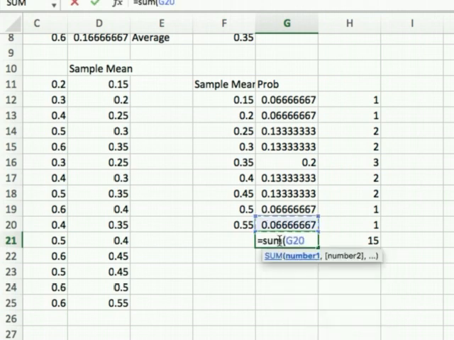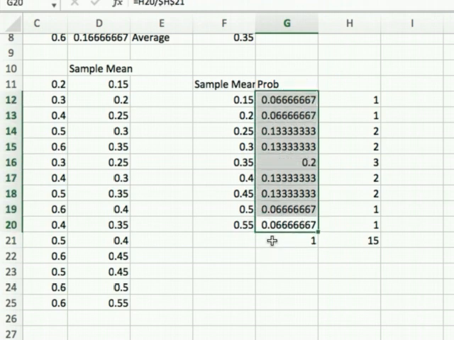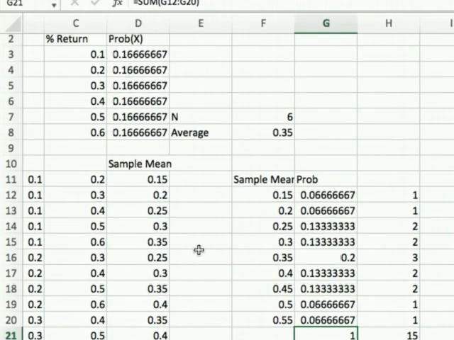And if you get the sum of all these probabilities, we will get 1. Because again, the sampling distribution of the sample mean is a probability distribution. Therefore, the sum of all the probabilities should also be equal to 1. So that's how we construct the sampling distribution of the sample mean using this simple example.